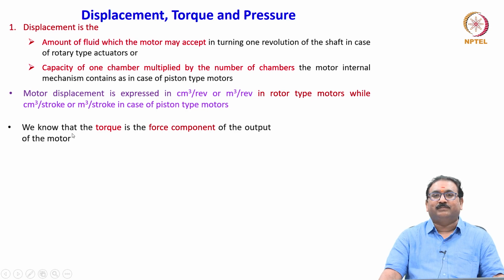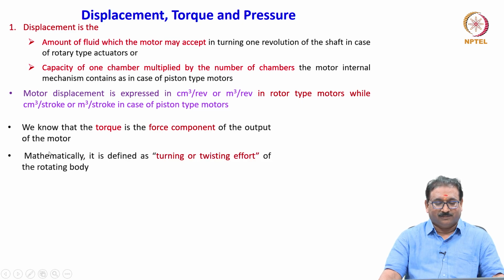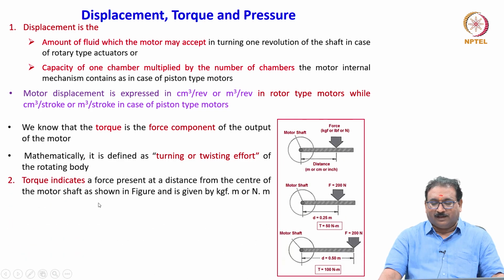We know that the torque is the force component of the output of the motor. Mathematically, it is defined as the turning or twisting effort of the rotating body. See here, the motor shaft what I have drawn here, and force is acting at a distance.